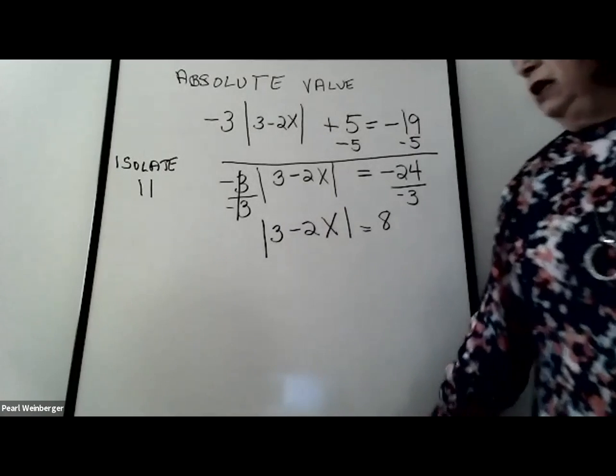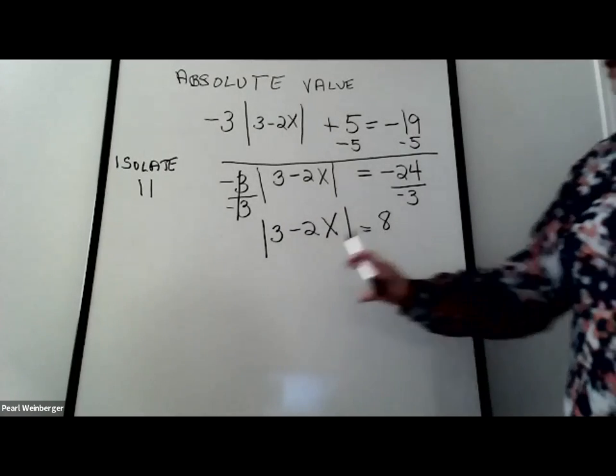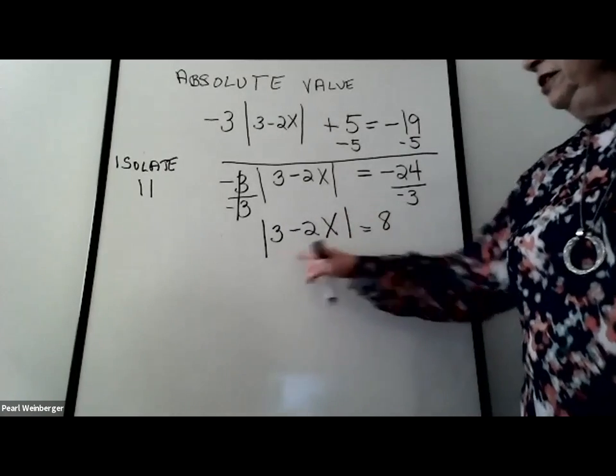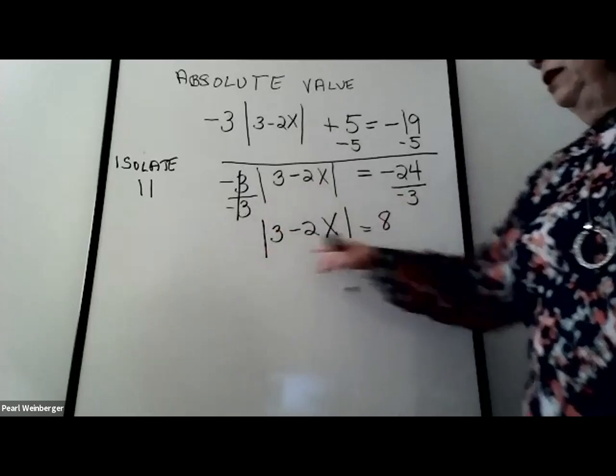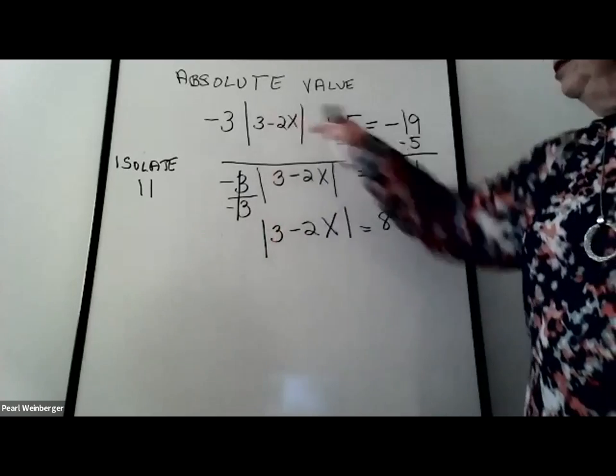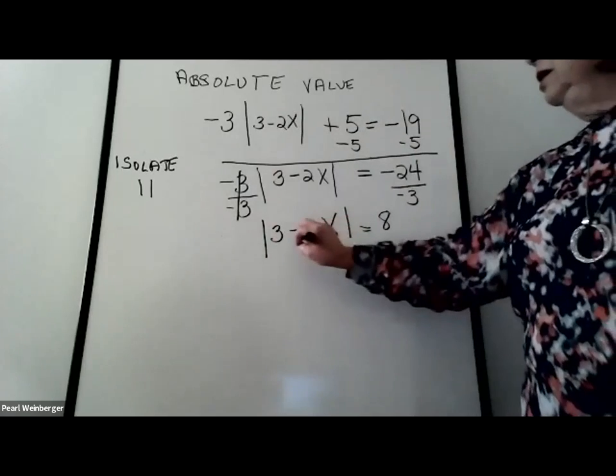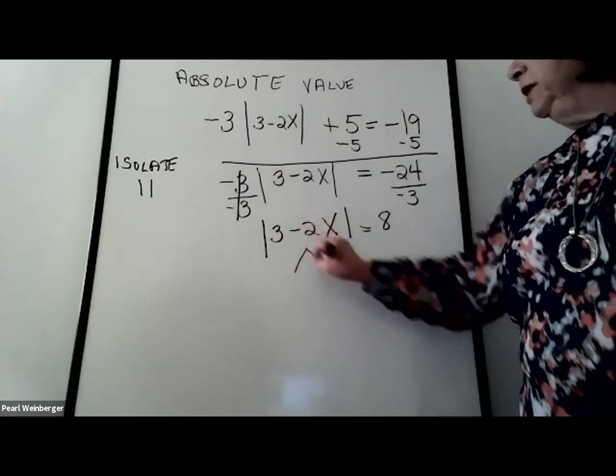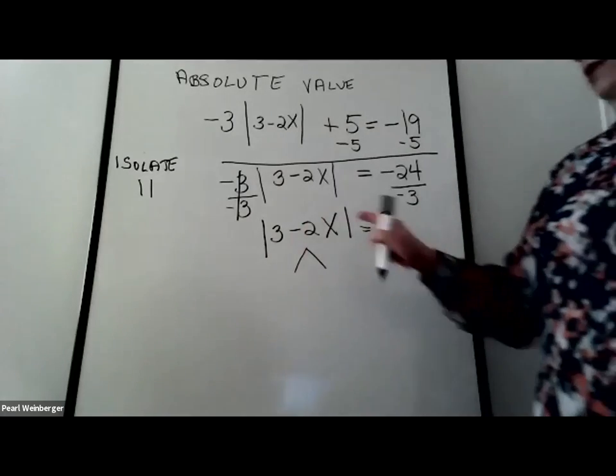Okay, I think we had enough time. Let's see if we can finish this example. We've done a lot of the hard work already. Now we're at the point where we have to split our equation into two pieces.